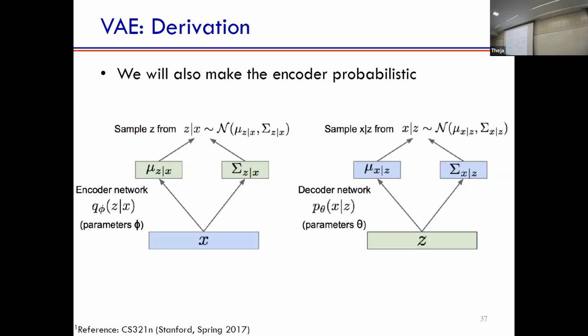It's going to predict the conditional mean of X and conditional variance of X. And then you can use them as parameters of your normal distribution and actually get an X. So the theta basically represents the parameters of the decoder. It doesn't have to be a neural network, but mostly will be. So going from Z to X is via this process: you compute the mean and covariance and then sample from it.